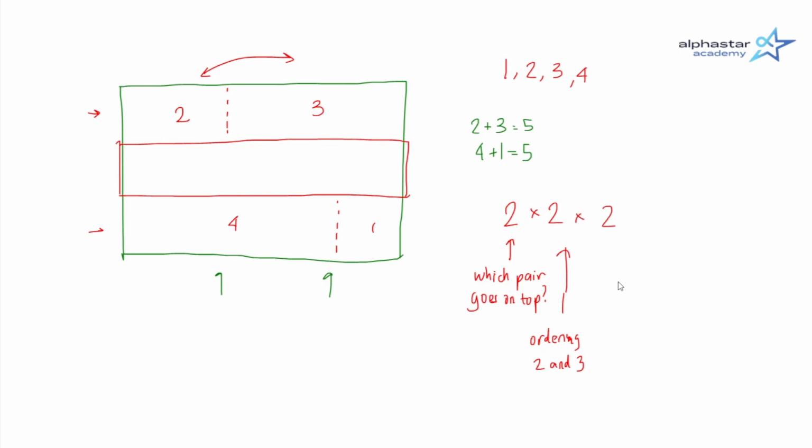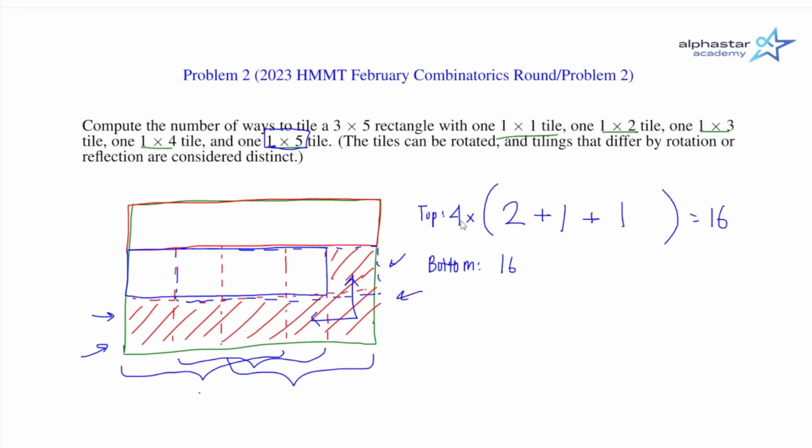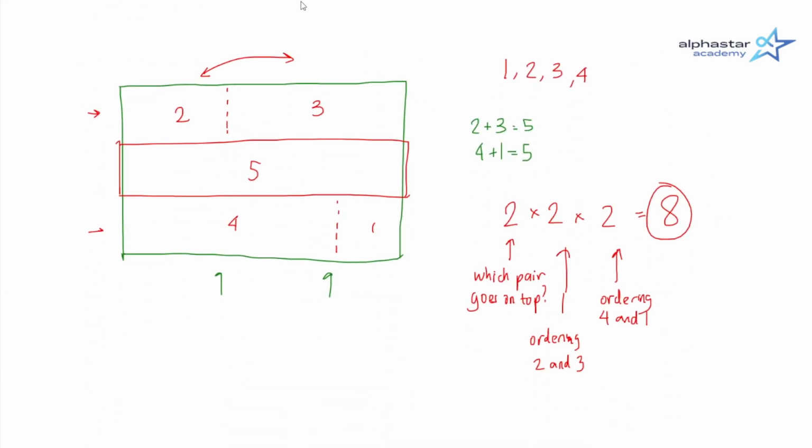And then finally, there are 2 ways to order 4 and 1. For a total of 8 different configurations where we have 1, 2, 3, and 4 in some order like this. And we can see that this gives us 8 possibilities for the case where the 5 by 1 is in the middle. And if we just add up all those cases, 16 plus 16 plus 8 will equal a total of 40.